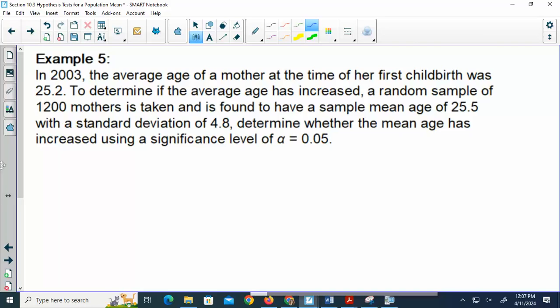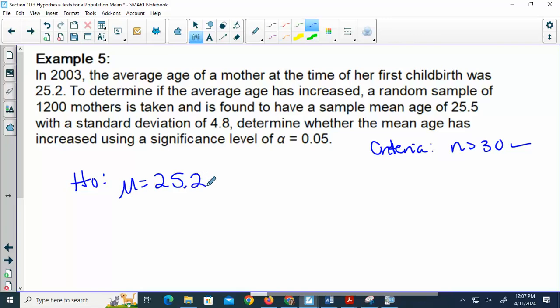Okay, so first of all, do we meet our criteria? Yes. N is bigger than 30, so we're good. What is the mean of the null? 25.2. What is my alternative? I want to see if it's increased.